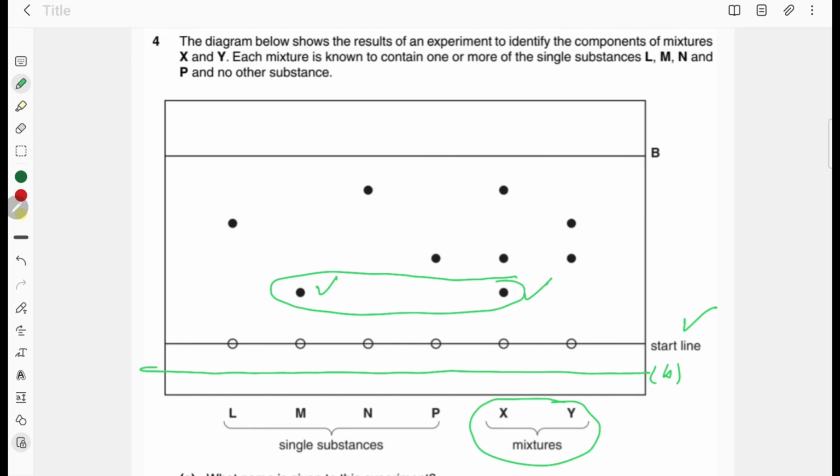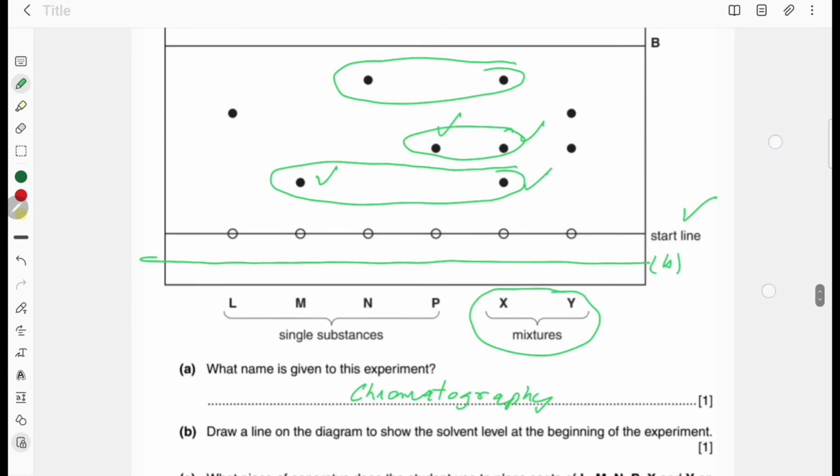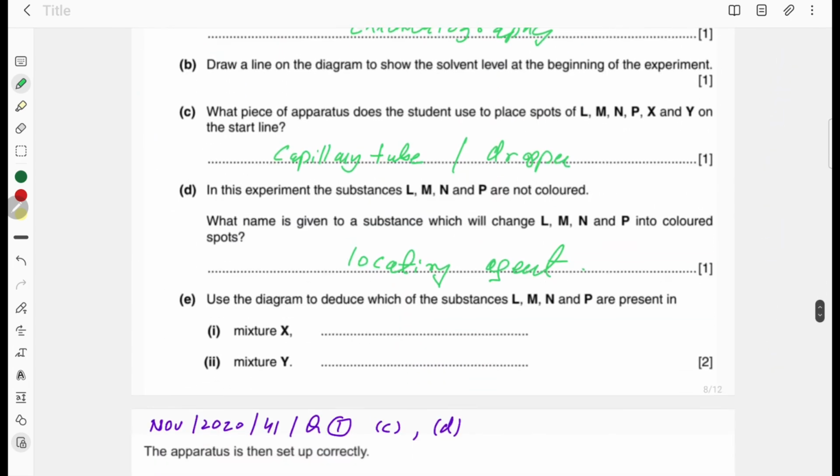The mixture X also contains P, they both are at the same level. Mixture X contains N because you can see the two dots are at the same level. So what you will write, you will write M, N, and P.